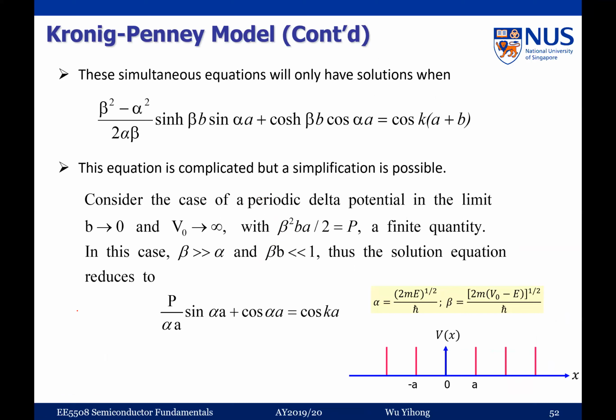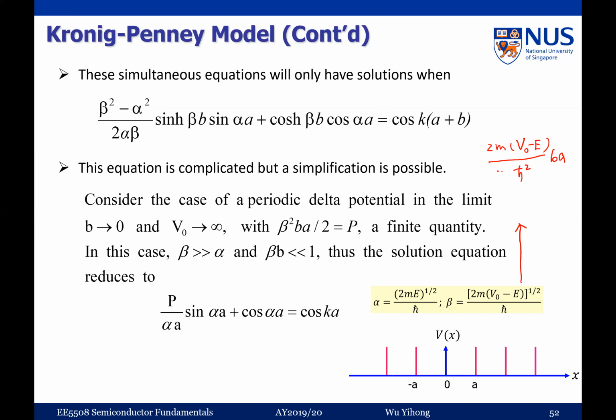If you look at beta square, it is derived from here, right? So you can see that beta square is basically 2m times V naught minus E, divided by h squared, and then multiplied by b, divided by 2.